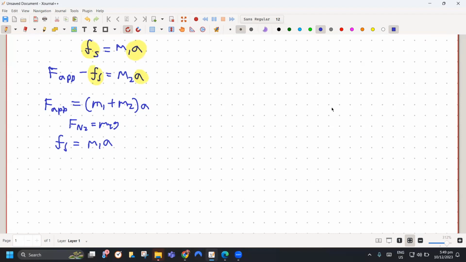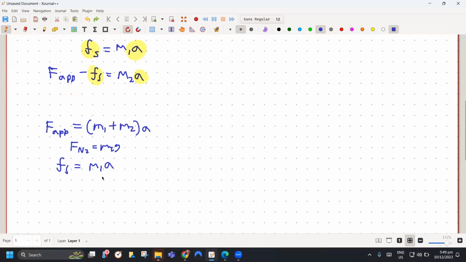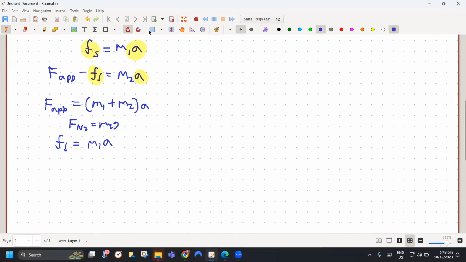The unknowns are Fs and A, but you can use substitution or elimination to find one of the two.